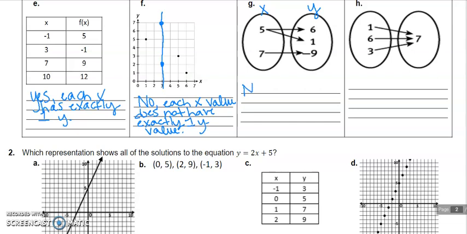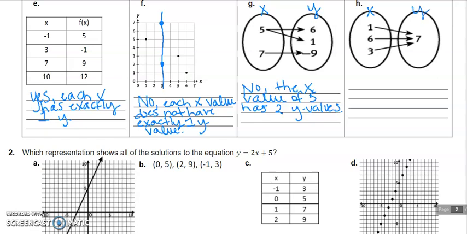So I know that this is not a function, no, and I could be specific and say the x value of 5 has two y values.